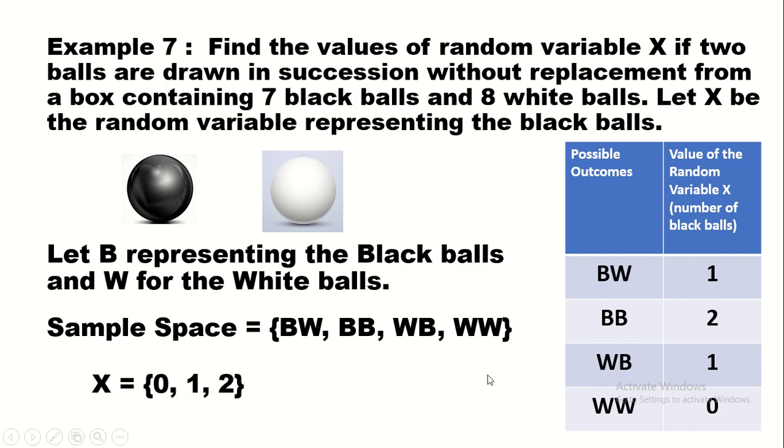So, ang ating random variable x ay pwedeng ganito. Random variable x is equal to the quantity of 0, 1, and 2. 0, may 2 tayong 1, isa lang kukunin, at 2. Ganito natin isulat ang random variable x having a carton or a box na kung saan may 7 black balls at 8 white balls. I hope you've learned something from me.